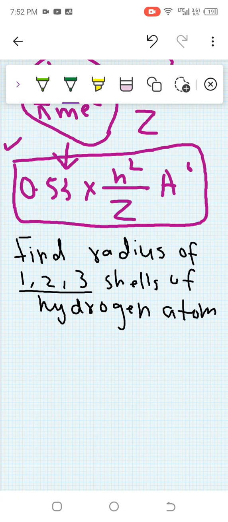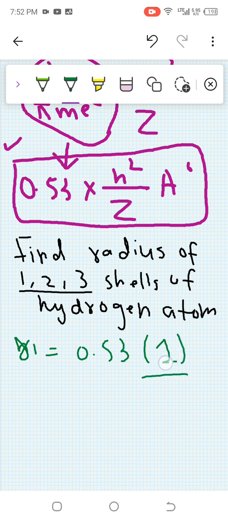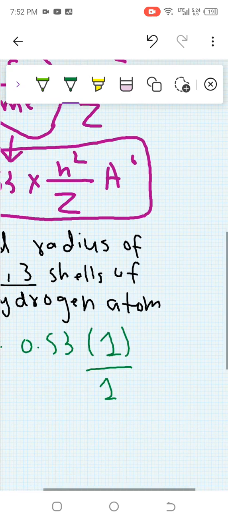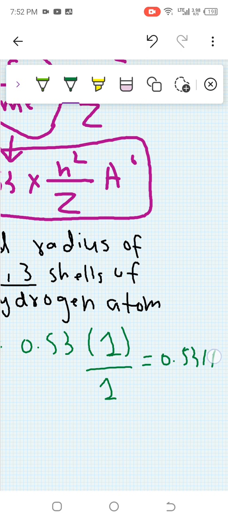To find the radius of the first shell, r1 is equal to 0.53 into 1 square over the atomic number of hydrogen, which is 1. So we get 0.53 angstrom.